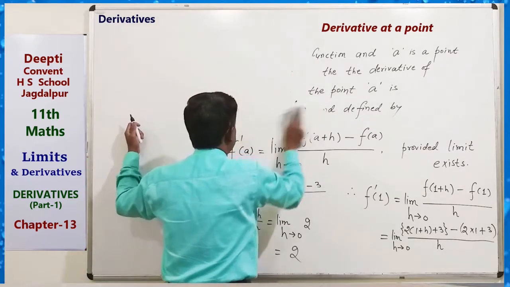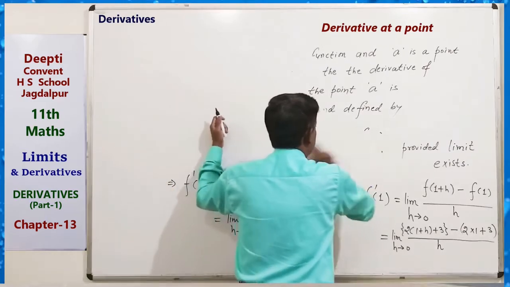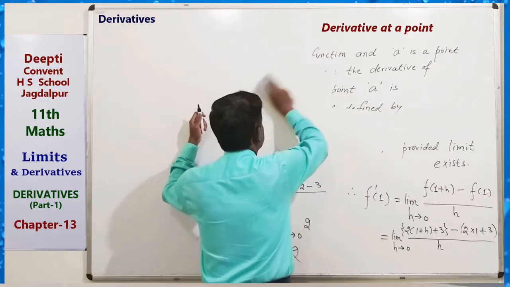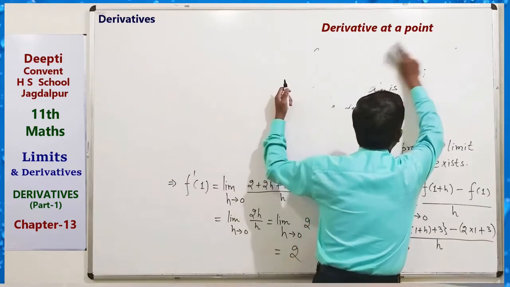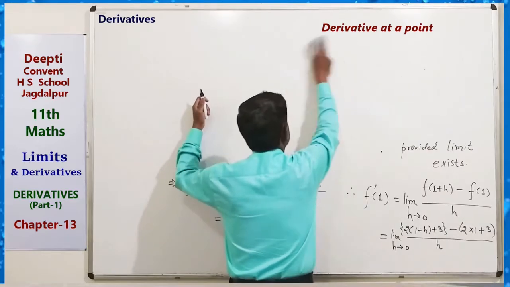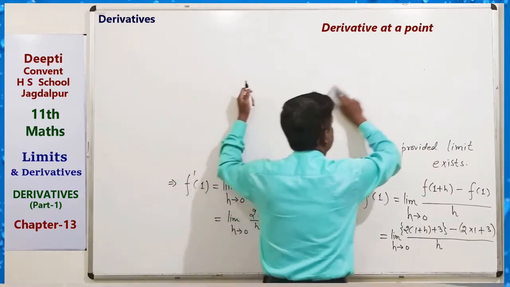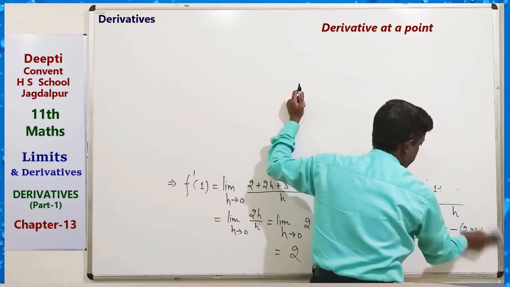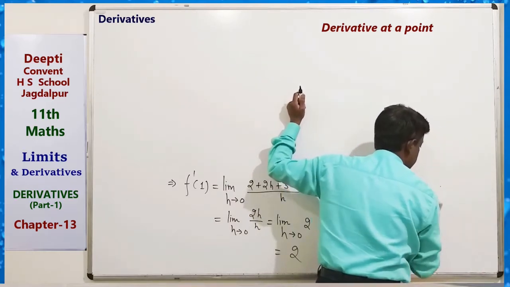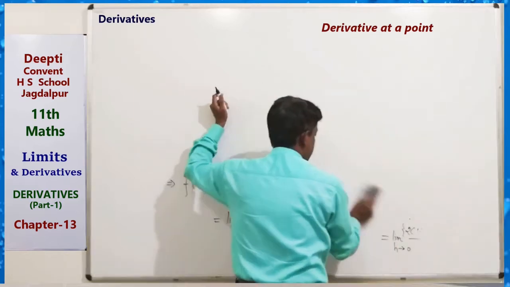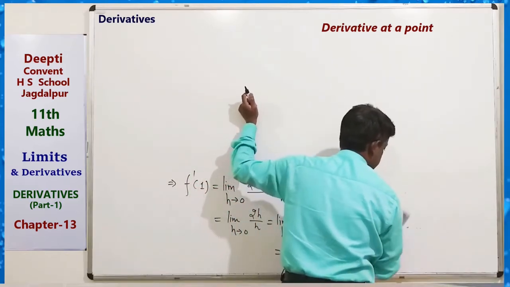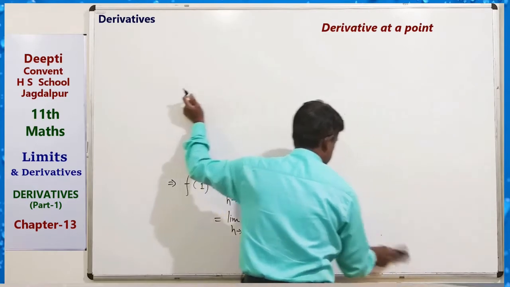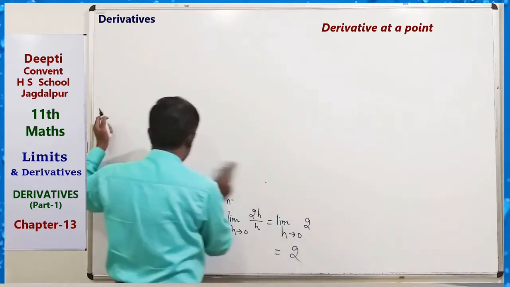Now we will see what the geometrical interpretation of the derivative of a function at a particular point is. So for that we have to draw a diagram.